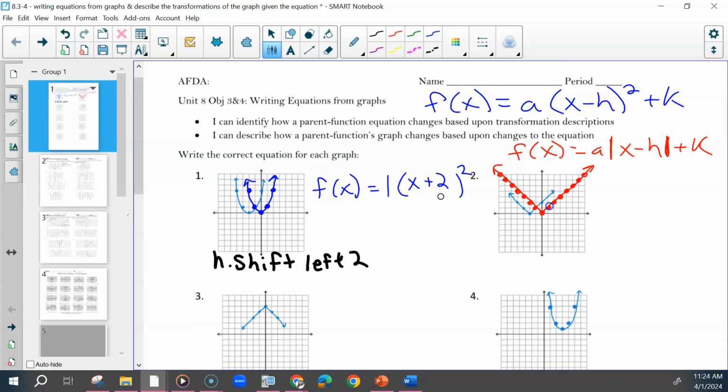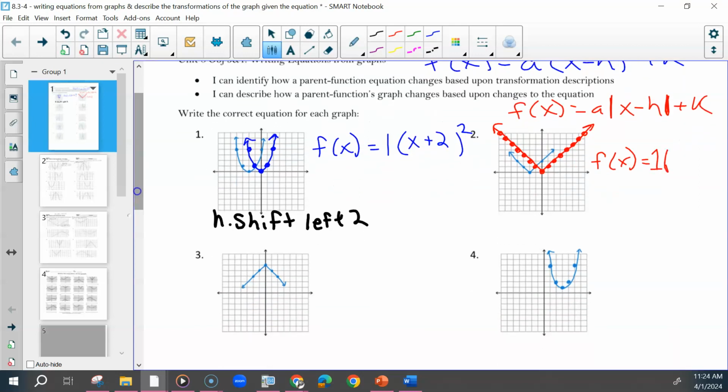So the plus 2 is going to be the same, but then we're using this. How would we write that equation? Use one away. I think x equals 1. Absolute value of x plus 2.